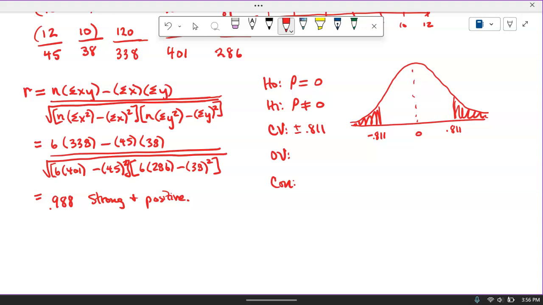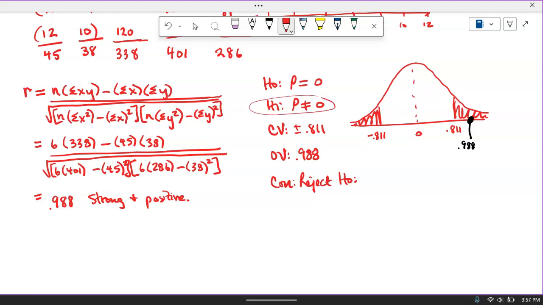Now, the obtained value is the value that we got by computing the correlation coefficient, the 0.988. When I plot that on my graph, it falls right here. Because it fell in the rejection region, I'm going to say reject H sub 0. Because we're rejecting H sub 0, that means I agree with H sub 1.